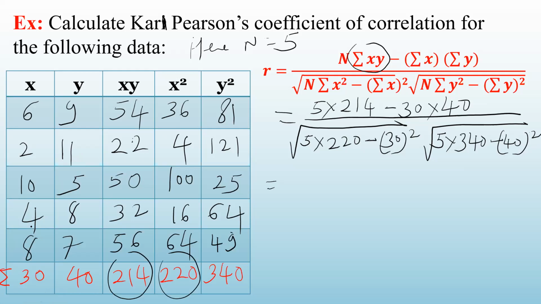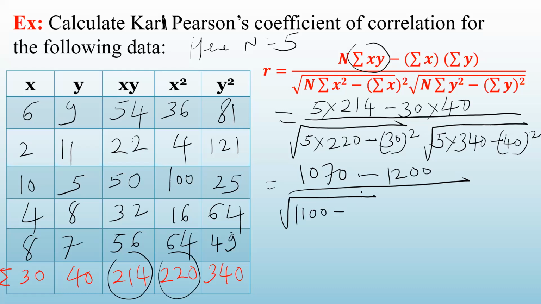Now do the calculation. 5 into 214 is equal to 1070 minus 30 into 40, that is equal to 1200, divided by square root of 5 into 220, that is 1100 minus 30 square, that is 900.